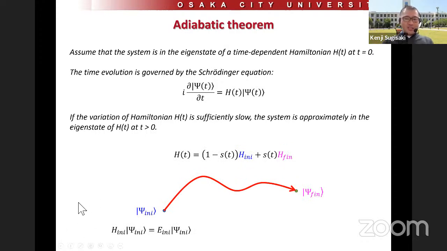So let's think about the initial Hamiltonian, H initial. We have an eigenfunction of this initial Hamiltonian. And let us think about H(t) as a linear combination of the initial Hamiltonian and the final Hamiltonian. This final Hamiltonian is usually the problem Hamiltonian we want to solve.